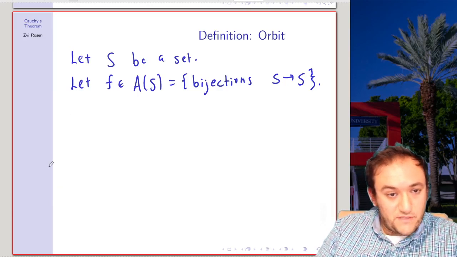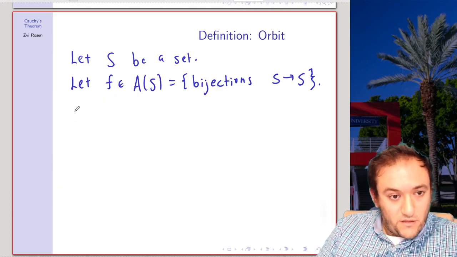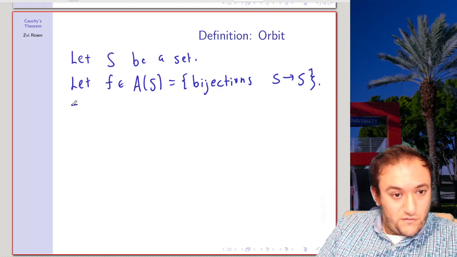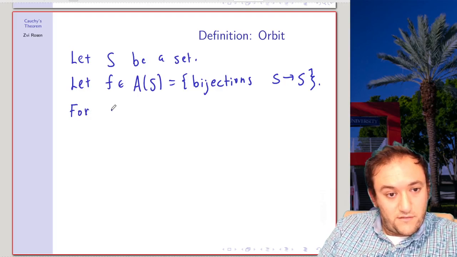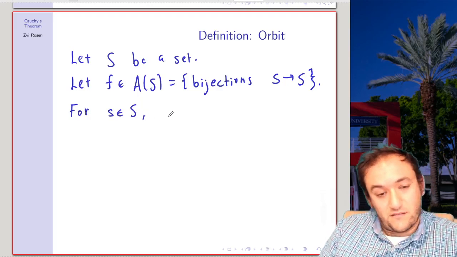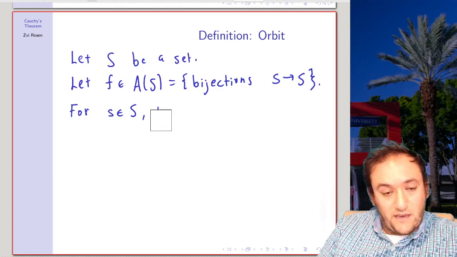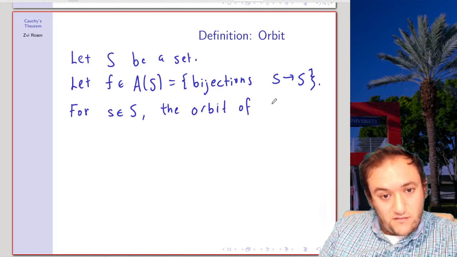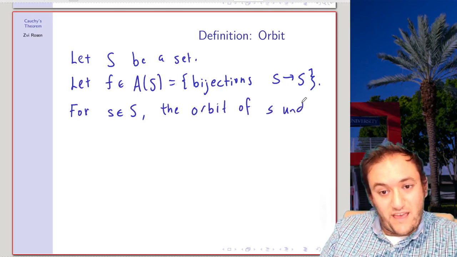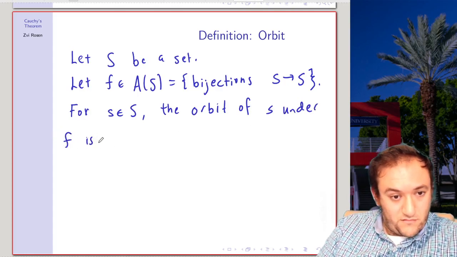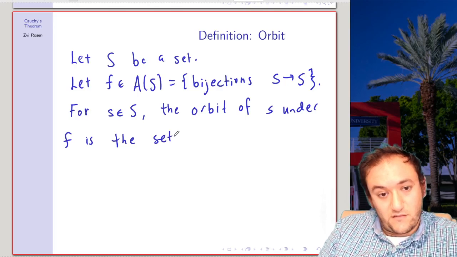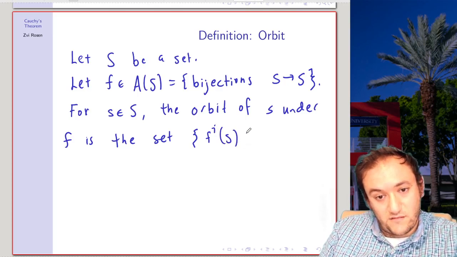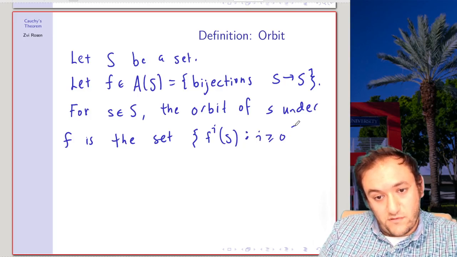Okay, so we're going to define an orbit. We say that for s in S, the orbit of s under f is the set of f to the i of s for non-negative values of i.